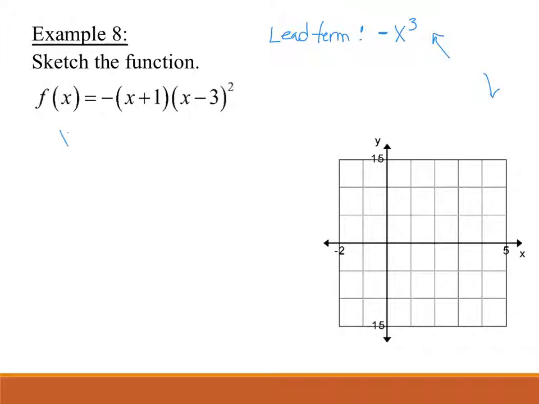So these are the x-intercepts. We have x is equal to negative 1, multiplicity 1, and x is equal to 3, multiplicity 2. So we can actually graph those 2 points, 1 and 3, 1, 2, 3.